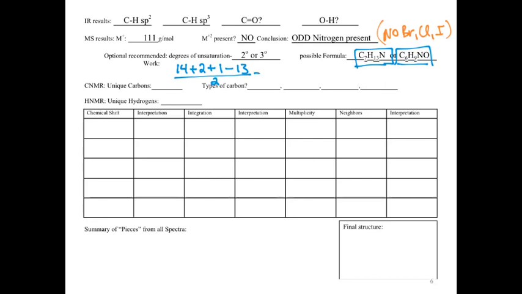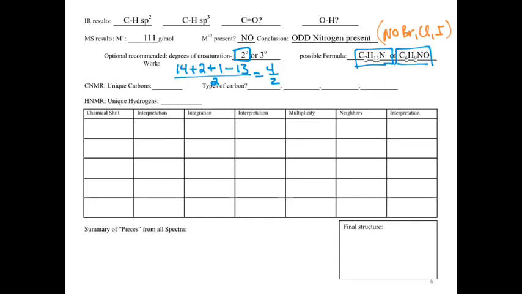What we end up with in that case is 4 over 2. So for our first formula, we get a potential degree of unsaturation of 2. Okay. Remember those degrees of unsaturation would be pi bonds and or rings. So you can have a mix of all of these things, so you got to be careful.